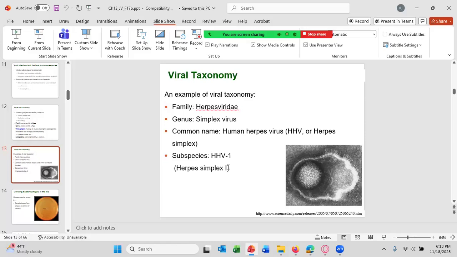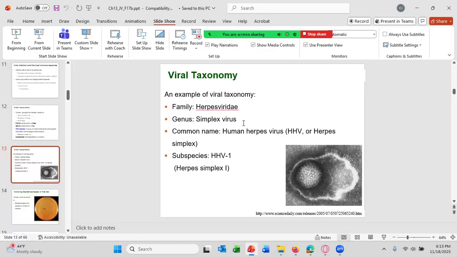I'm not going to talk about the common name, the human herpes virus, because it's more commonly called the herpes simplex virus type 1.